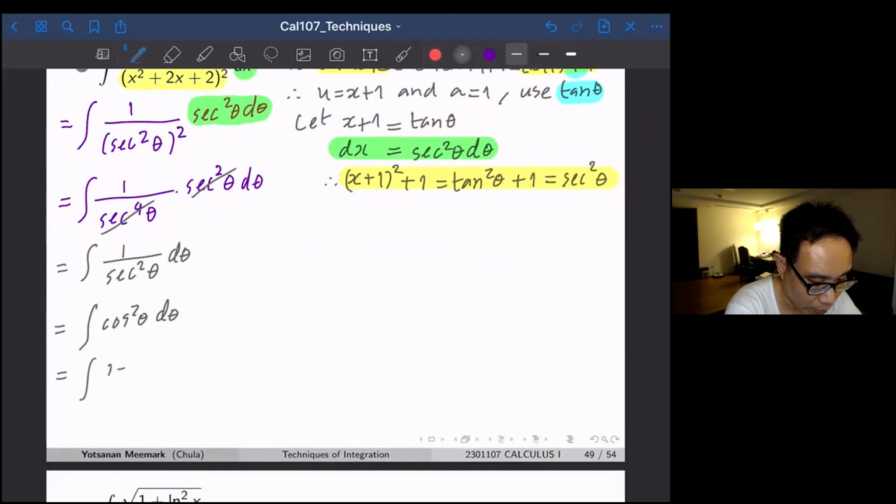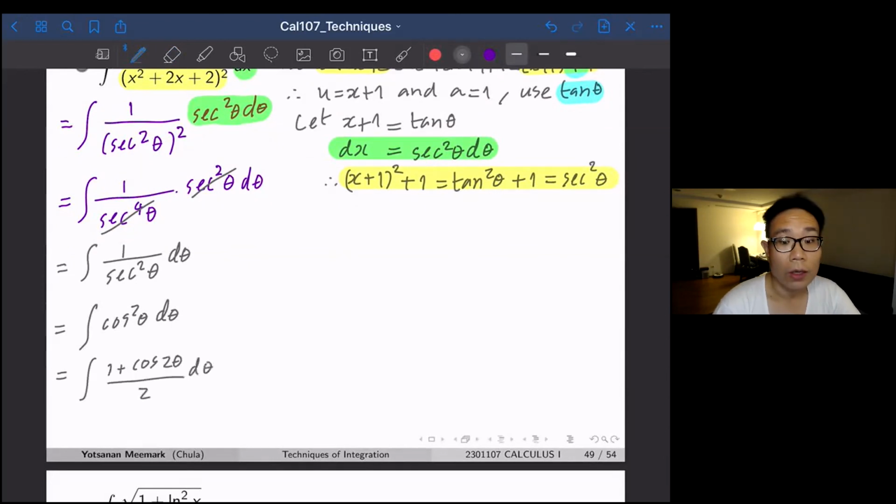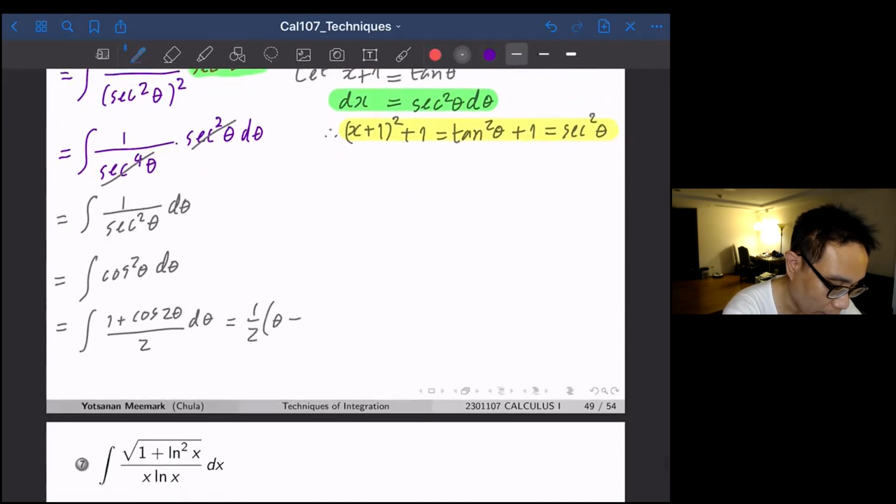And integrate cos square turned out to be integrate 1 plus cos double angle, over 2. Okay, and this guy will be 1/2, and integrate 1, you would get theta, integrate cos, you get sine. Okay, so this one, let me write it here, 1/2, right?